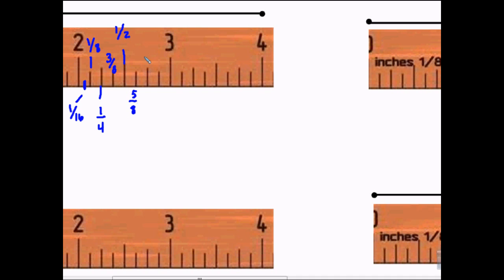This is 3/4, because you have 1/4, 2/4, 3/4. And then you have 7/8. And then 3 would be 8/8, which is a full inch. So that's how the fractions work on the ruler, and I know how much you guys love fractions.